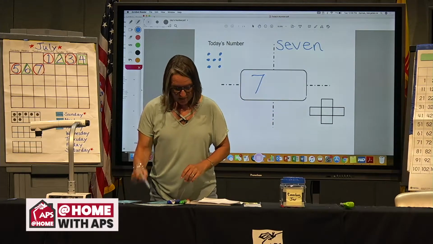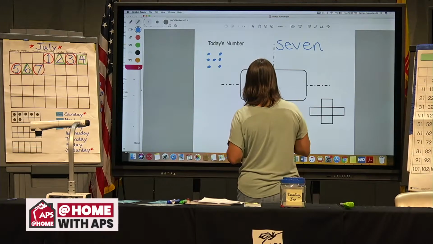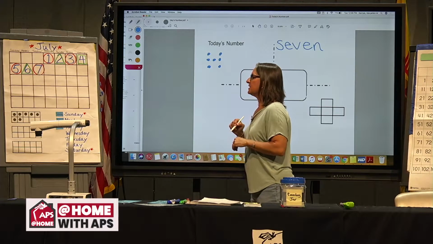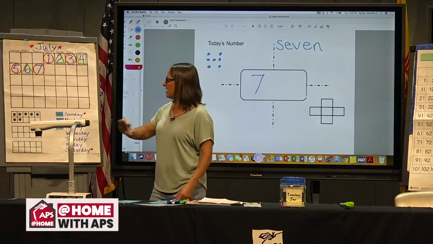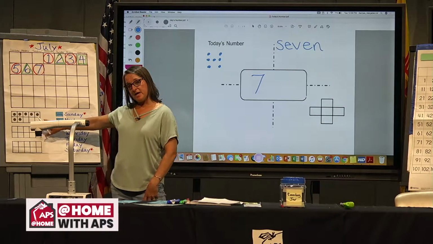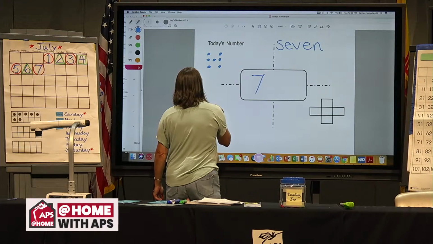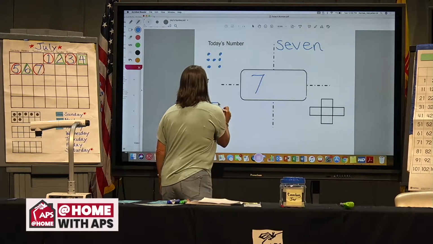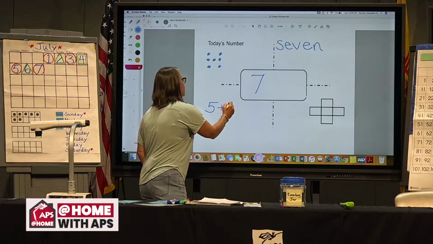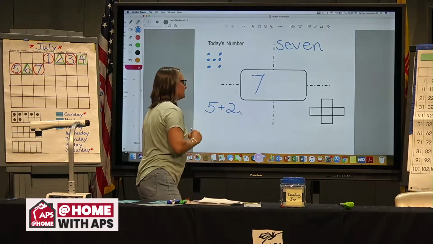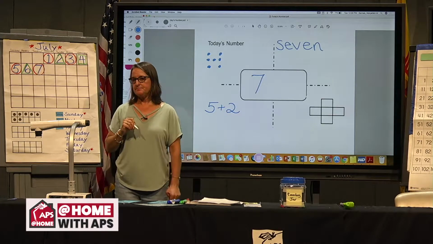Let's think about how we could show 7 with an equation. So if we go back to our 5+ frame that we have on our calendar, we could show 7 as, how many on the top there? 5, right? Plus 2 more gave us 7, right?